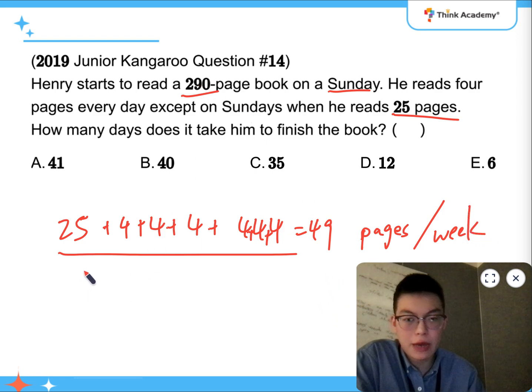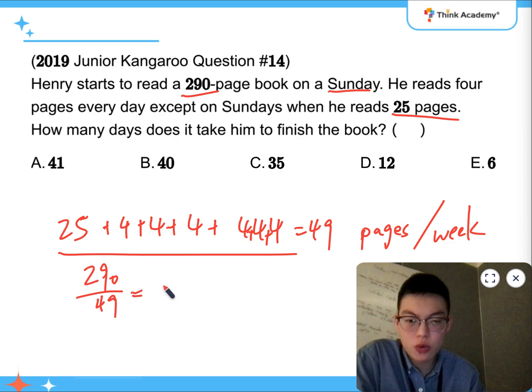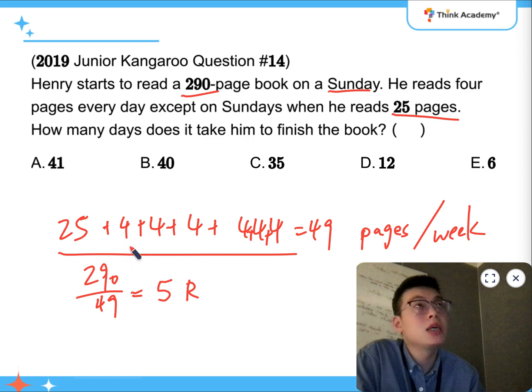Alright, so if I have 290 divided by 49, it's going to be equal to 5 with a remainder of 45.